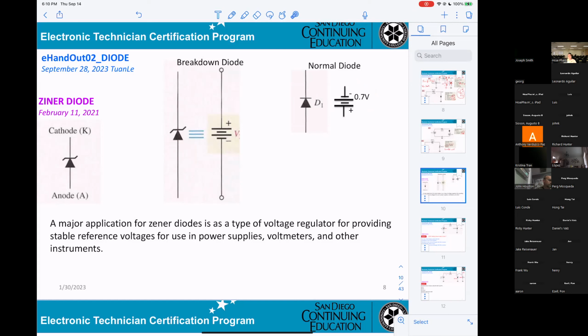When you see the schematic, you recognize this is a Zener. Then you check whether the Zener is in breakdown or not. Is it working normally, or is it open no matter what?